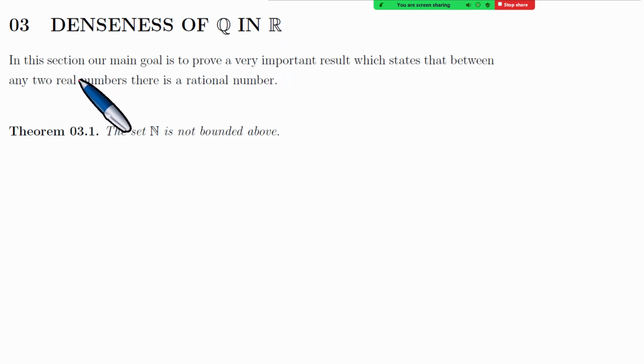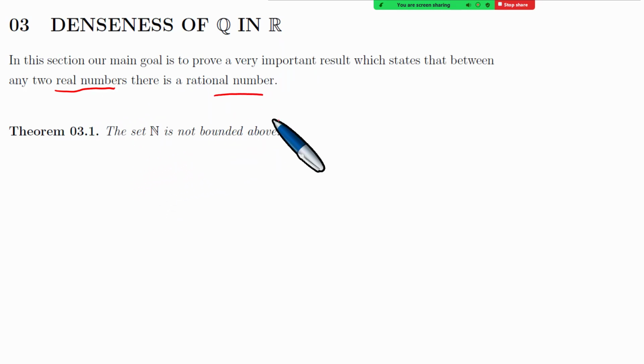In this section, our main goal is to prove a very important result, which states that between any two real numbers, there is a rational number. Between any two real numbers, you can find a rational number.